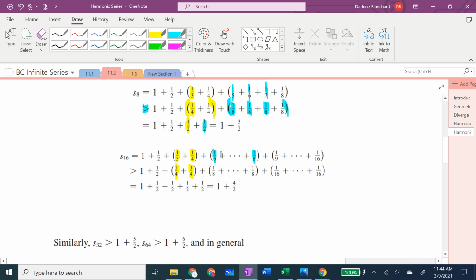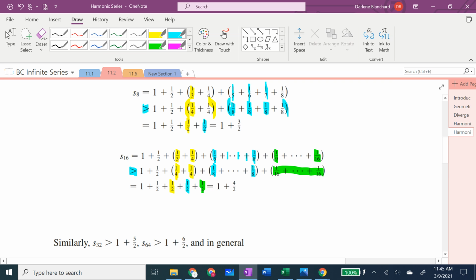And basically, if we take all of these numbers and see that they are greater than the 1/8, the smallest of them, and then for the next batch, make them all 1/16, and there are 8 of them, we just continue to say 1/2.